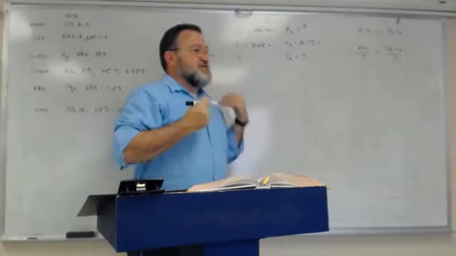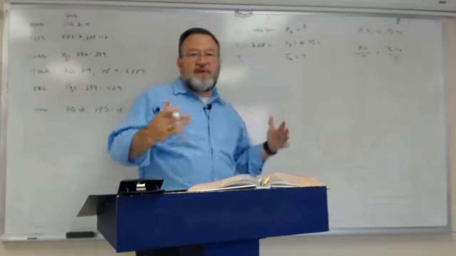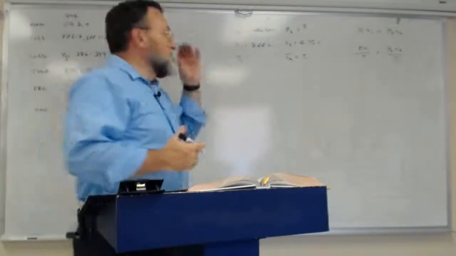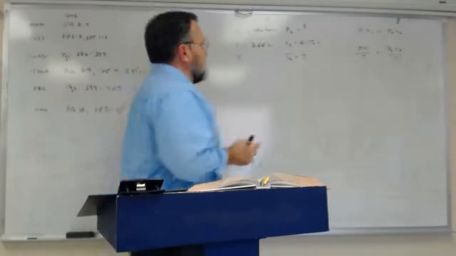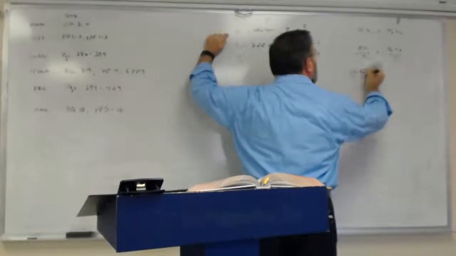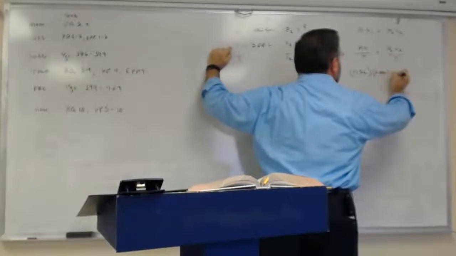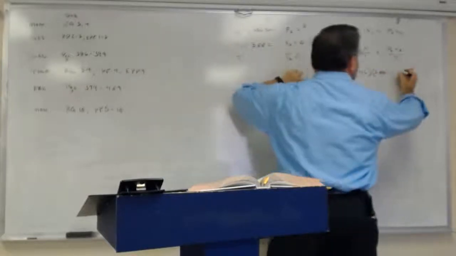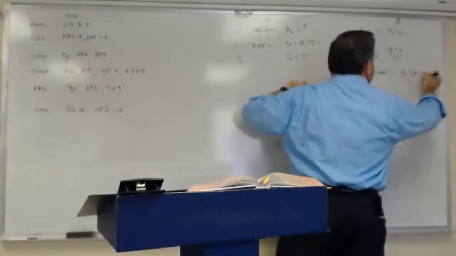Also, since temperature is constant, we don't have to convert to Kelvin. Doesn't matter what the temperature is. It's constant. So we're purely using Boyle's law right now. So P1V1, pressure 1, 456, V1, 3.00, equals P2 times 0.75.